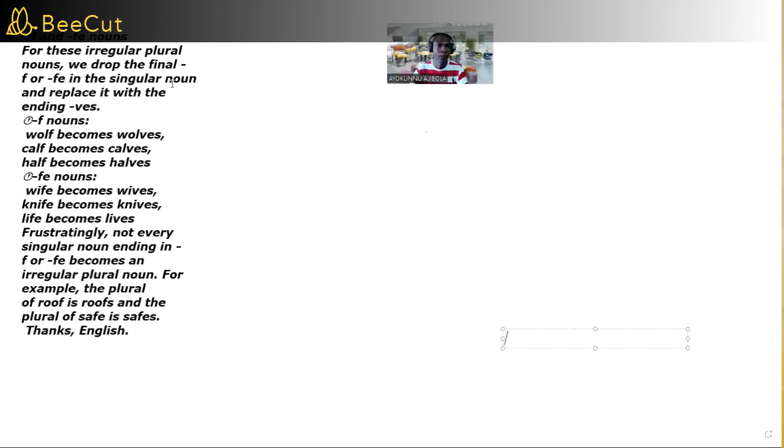So this group of nouns we are looking at are the nouns that end in F and FE. We remove the F or the FE and replace it with VES in order to become plural.